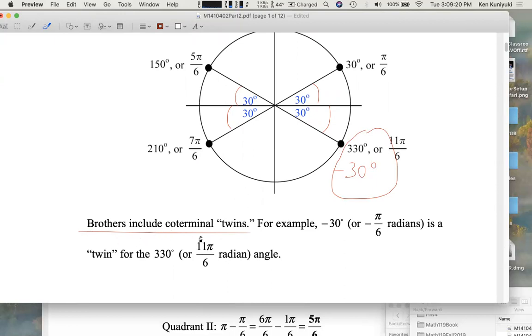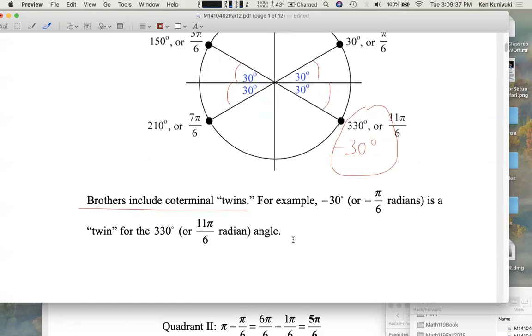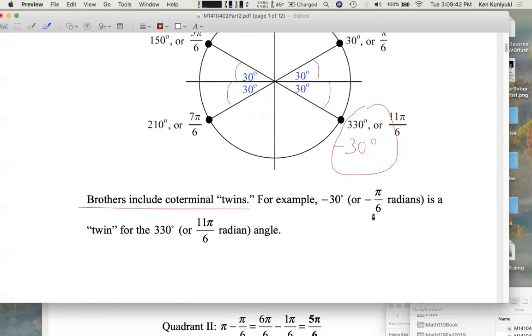So brothers include the coterminal twins. Actually, twins is a misnomer. Every angle has infinitely many coterminal angles, so twins is too restrictive. All right. Back to brothers. All these are brothers, coreference angles.